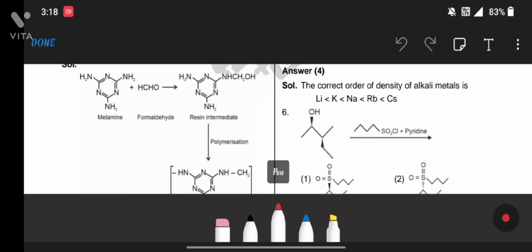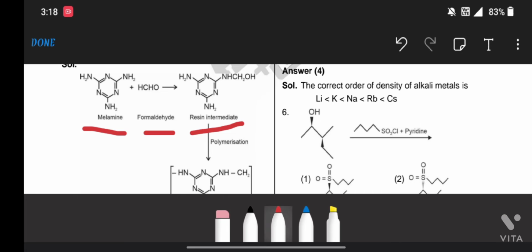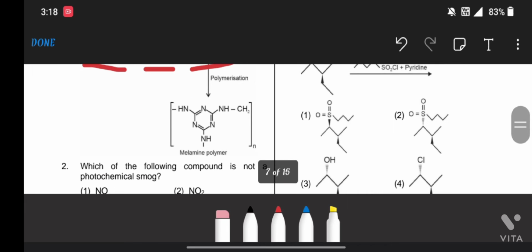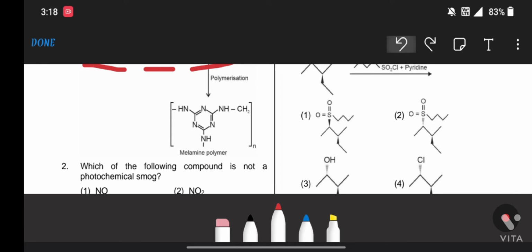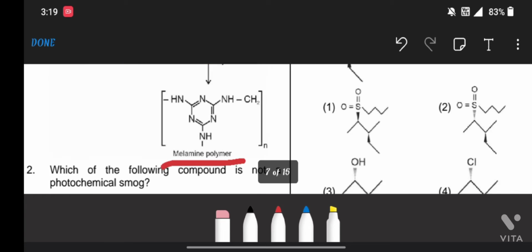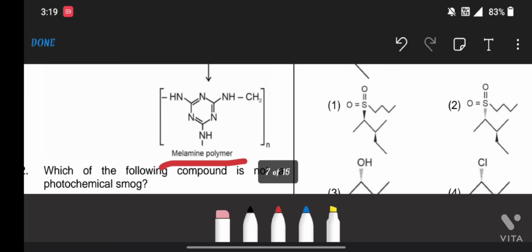After this we make it react with formaldehyde. Then we'll get a resin intermediate. After polymerization of the resin intermediate, we will get melamine polymer, which is like this.